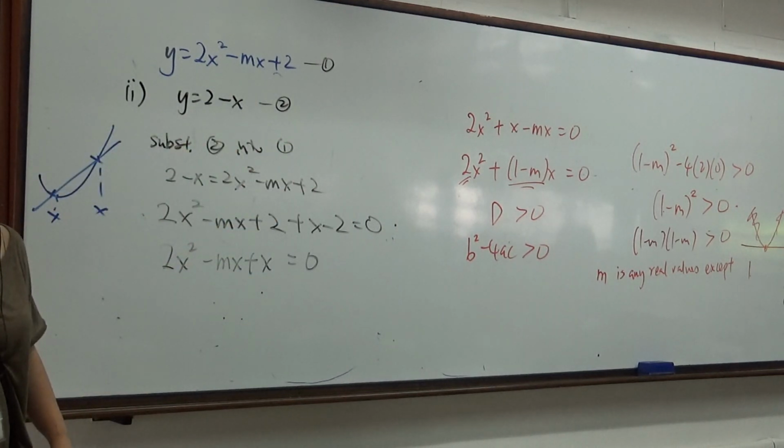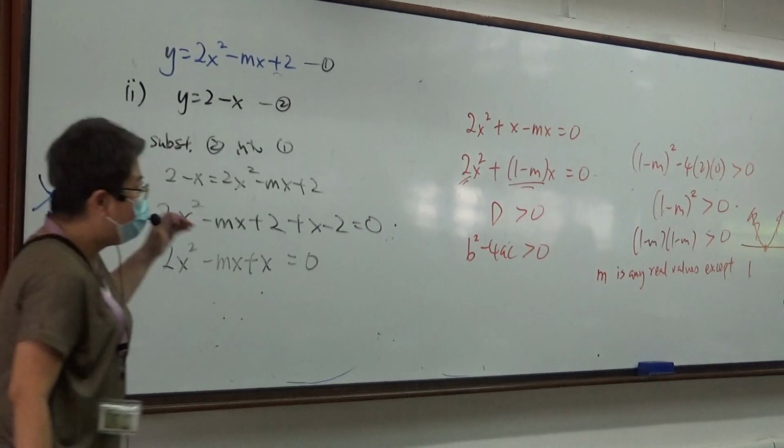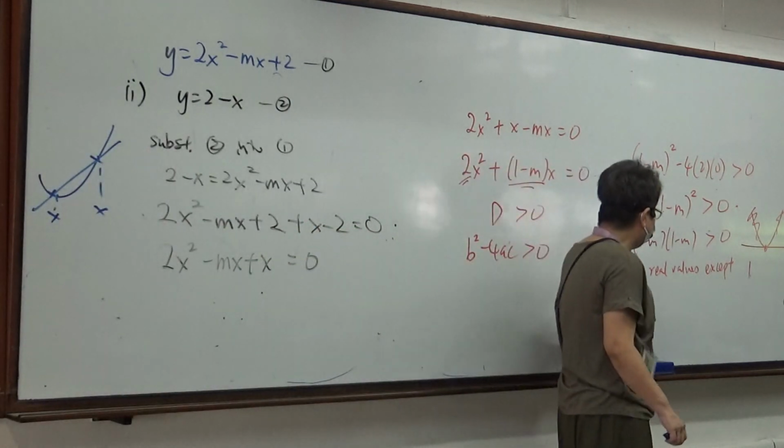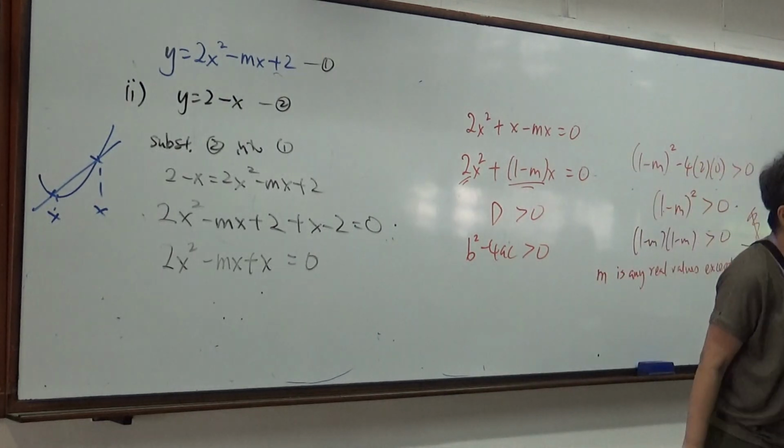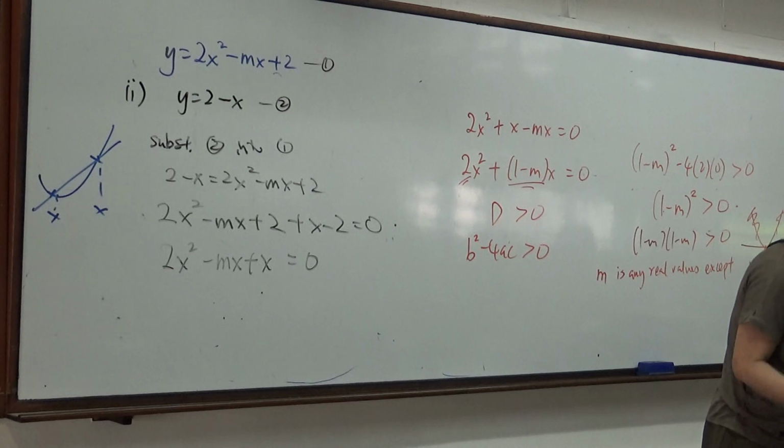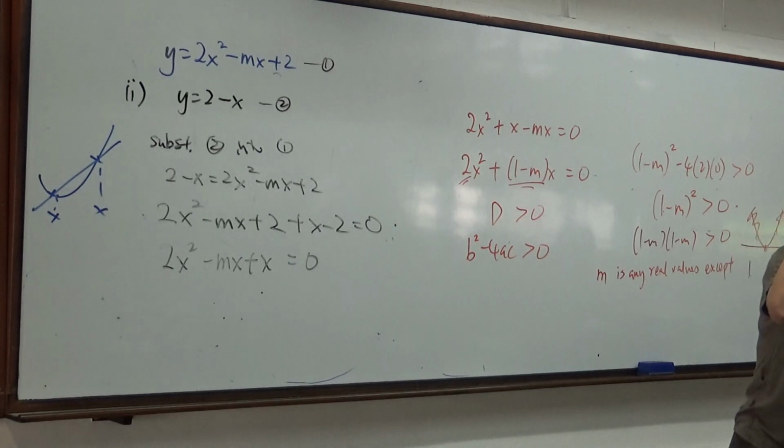You understand what I'm talking about? Yes or no? For m to be any real number except 1, then I will have 2 values of x. Do you get what I'm saying? Okay. So this is the thing that students always get confused. They don't know whether it's x or m, they don't know. Understand? I'm talking to you now.